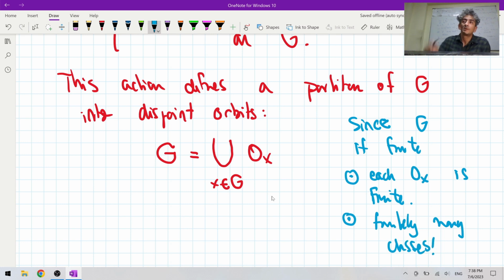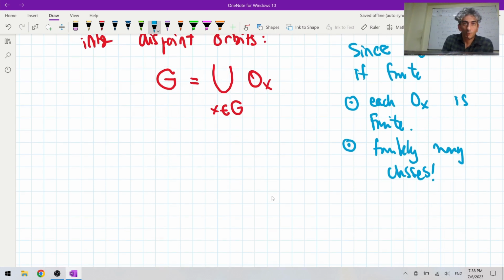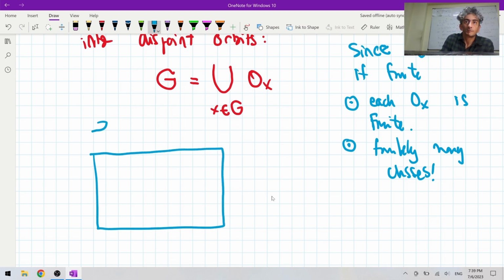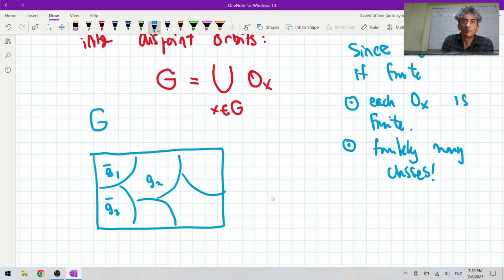So this means that if we think of G like this, then we have finitely many classes: the class corresponding to G1, G2, G3, G4, the class of G5, the class of G6, etc.